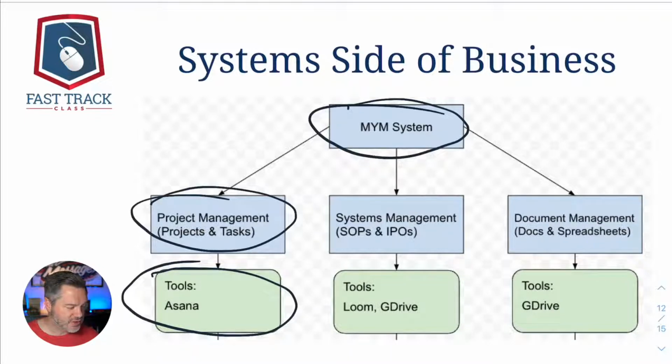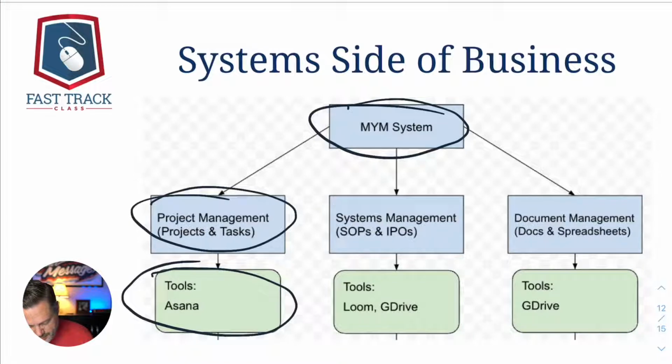I still use kind of a written planner, like right here, this notebook, for making sure I know what I want to get done today, but I get it from Asana and it goes onto my notebook. So that's one, use the project management. How are you handling your projects and your tasks in your business?